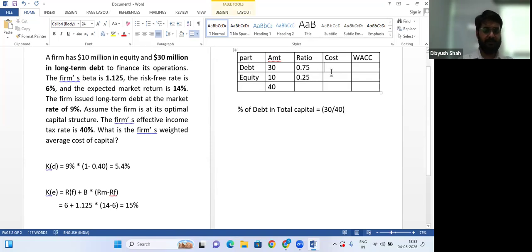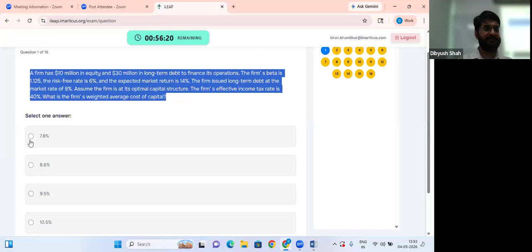Cost we have already calculated. For debt it's 5.4, and for equity it's 15, multiplied with 0.25. And for debt multiply 5.4 with 0.75. Add them up. This is your answer. This is your weighted average cost of capital, 7.8%.